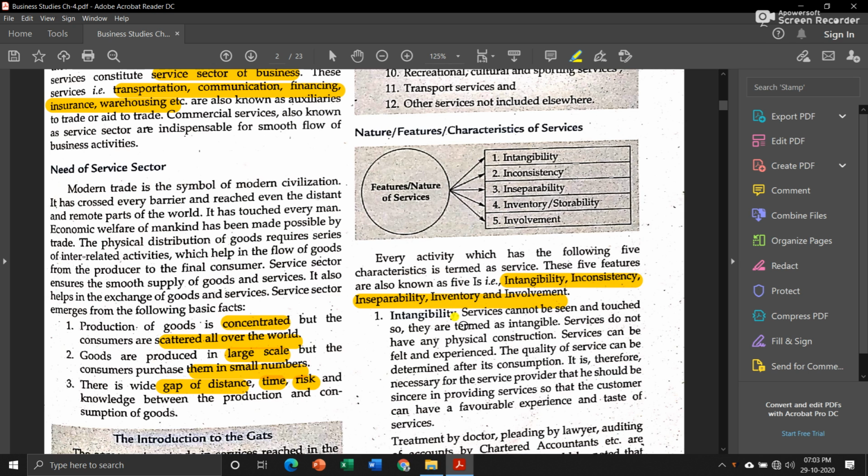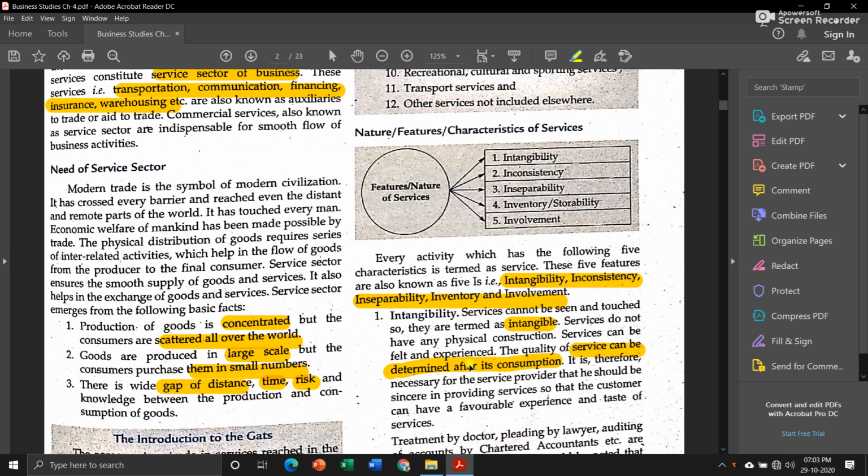First one is intangibility. Services cannot be seen and touched, so they are termed as intangible. You cannot see or touch a service, you can only feel it or experience it. The quality of a service can be determined after its consumption. Until you consume that service, you cannot say whether it was good or bad.